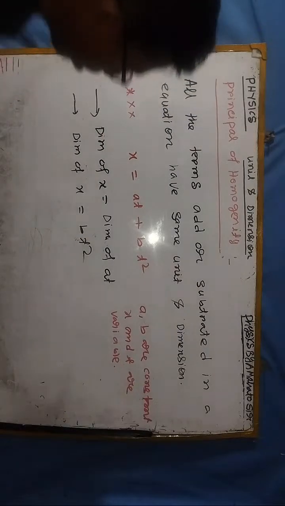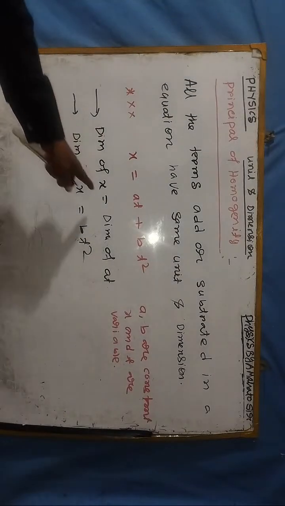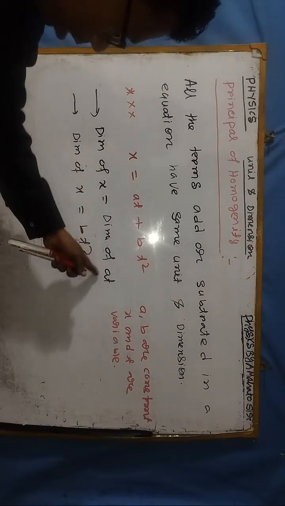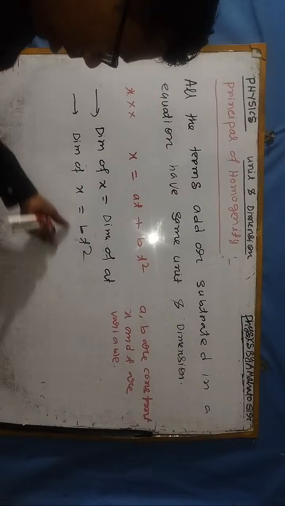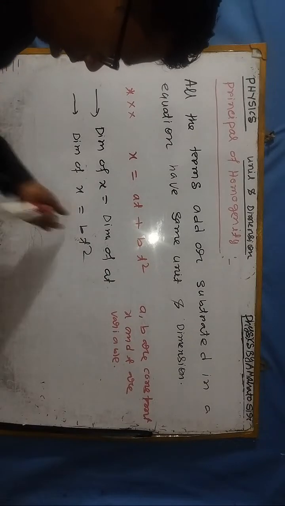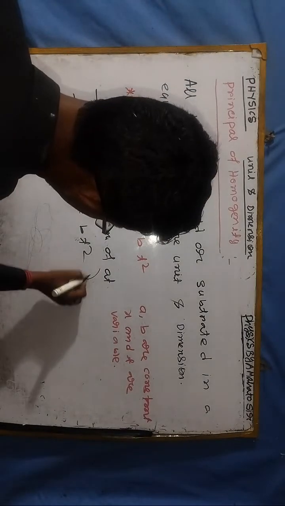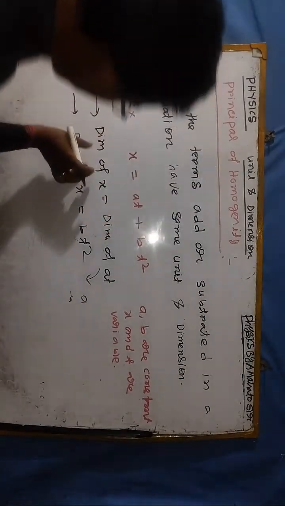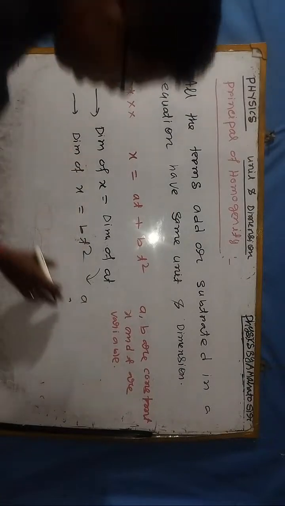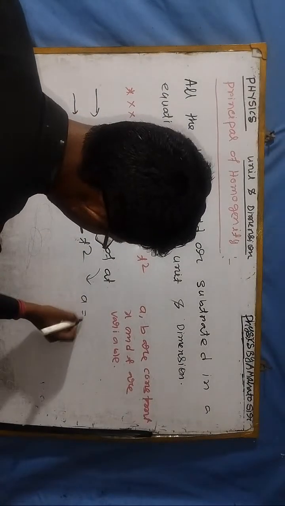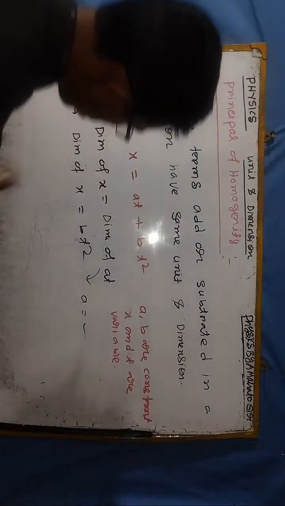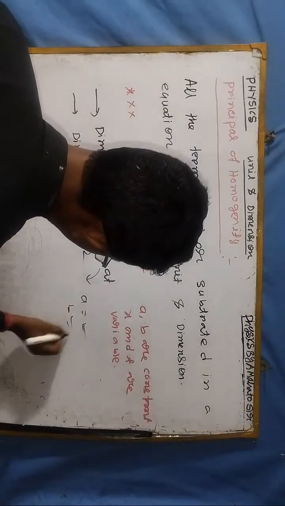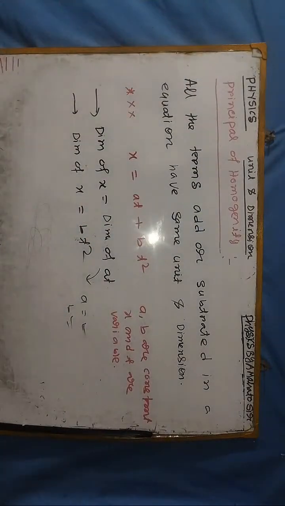From the dimension of x and the dimension of a we find a, and from the dimension of x and the dimension of bt we find the constant b. When these terms are equated, we find the value of a or the value of b.